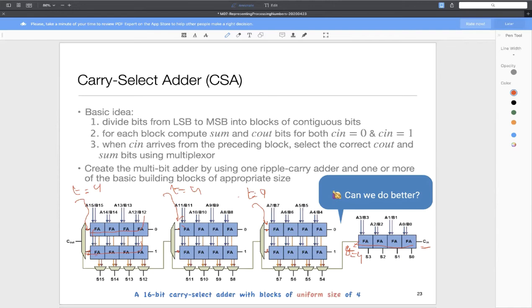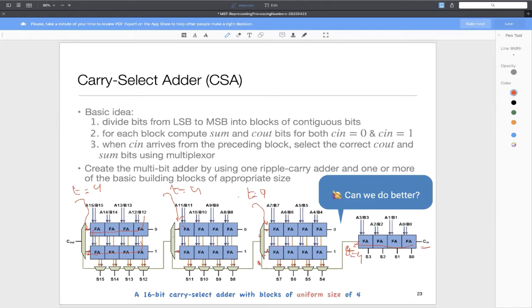So let's call these mux 1, mux 2, mux 3. For mux 1, mux 2 and mux 3, the 2 data inputs which I'm going to select between are ready at t equal to 4. But what about the select input? The select input of mux 1 is the carry in coming from the preceding stage, so that is available at 4.